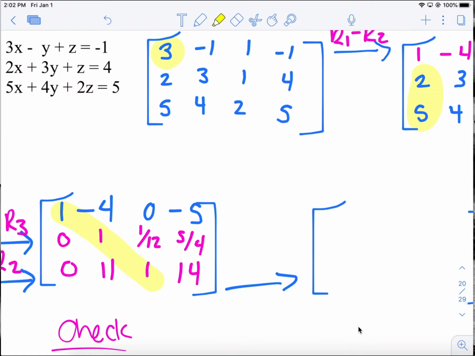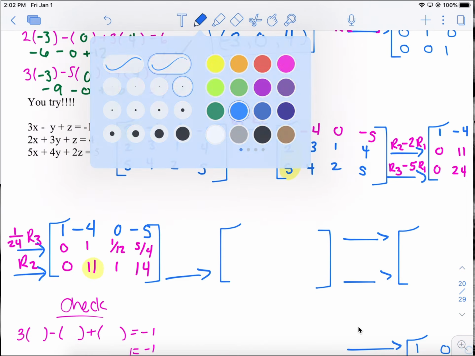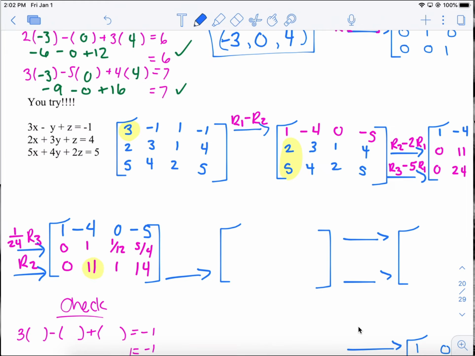Okay. All right. Next goal is to try and carve out some zeros. So I'm going to zero out this guy right here. Here's how I'm going to do that. I'm going to take my first two rows and keep them the same.